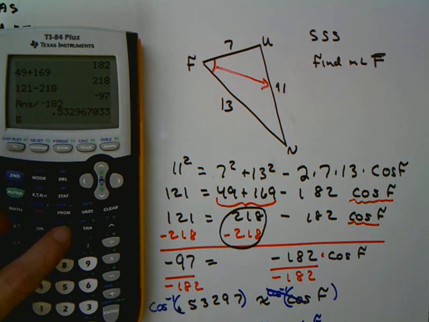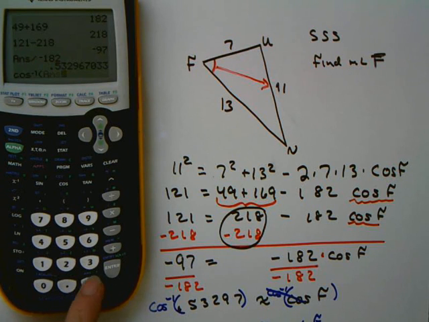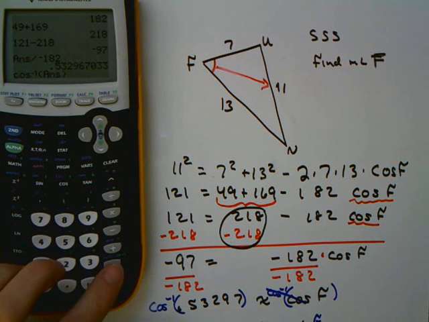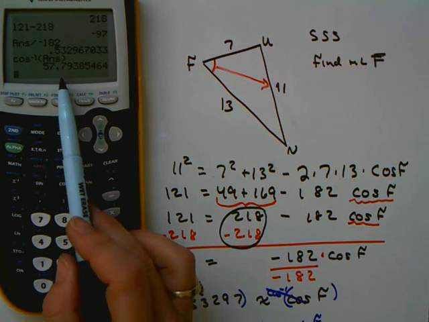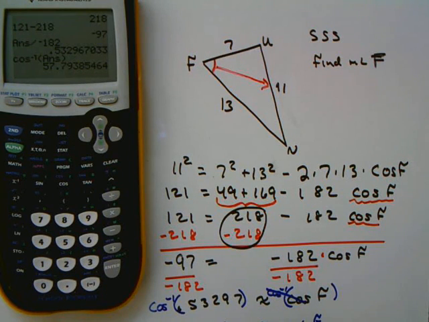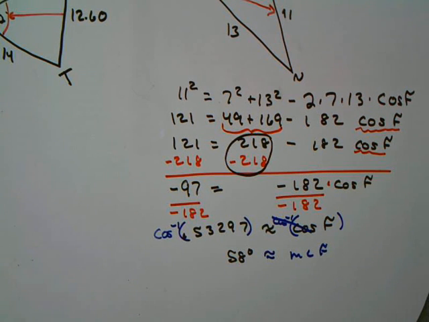If I take the inverse cosine of this ratio, I'm going to do second cosine, and then second again, come down here to the minus sign, and that brings that ratio right in there with no rounding error at all. Press enter. So now I see that this angle, we always round angles to the nearest degree, 57.5, so I'm going to bump that up to 58 degrees.